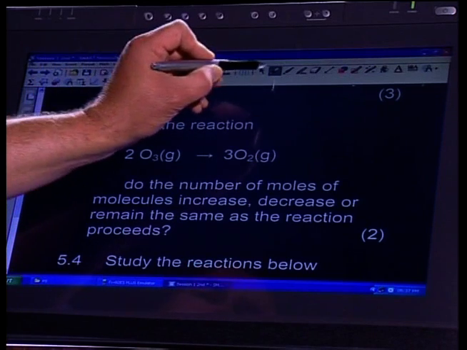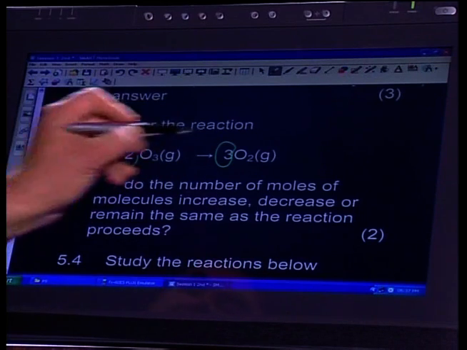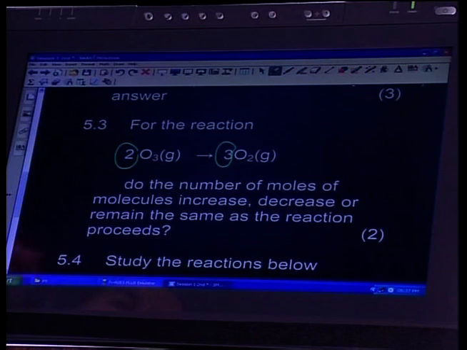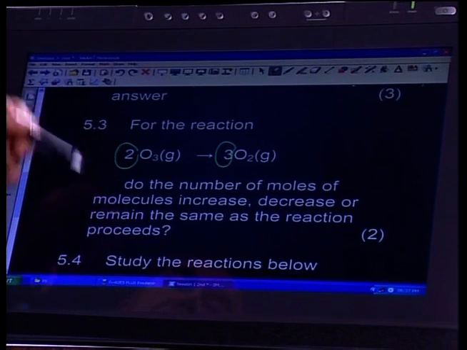Now, this 2 in front here and this 3 in front there is the balancing coefficient. It represents either the number of molecules or the number of moles. Moles is just a special word for counting molecules. When we do chemical reactions, we're doing them on a big scale, millions and millions and trillions of atoms or molecules combining. And so moles is a term that we will use to do that.